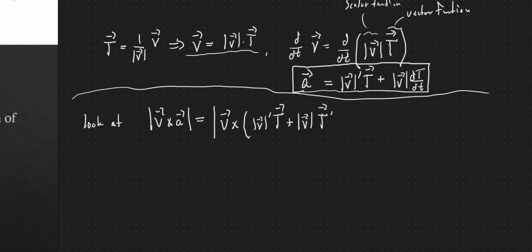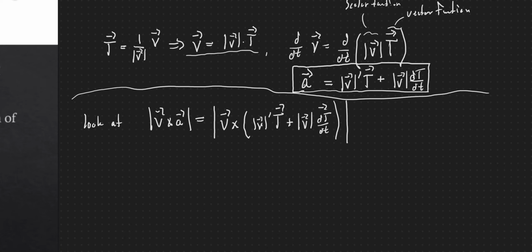So maybe I'll keep this as dT/dt. Taking the cross product of those, I'm going to use the cross product rule here, so I can bring this v cross through to each one of these. This is a scalar quantity.